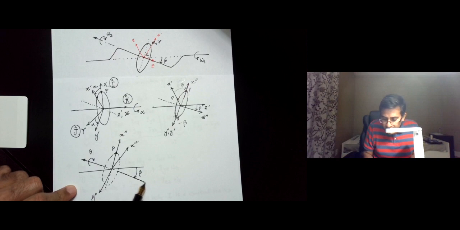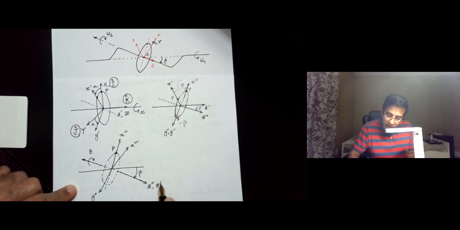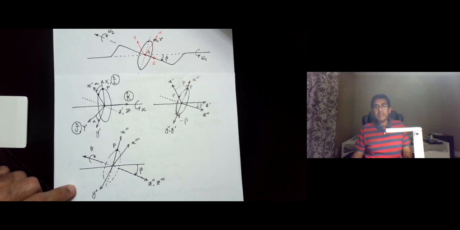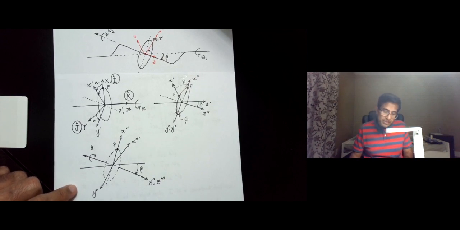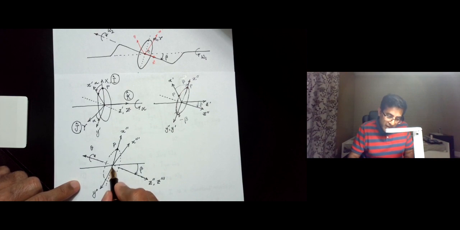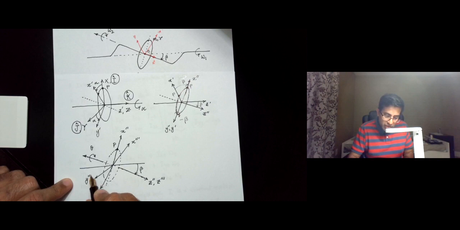This is our z double prime direction, and it remains the same direction after the turn because the turn is about the z-axis, and y now goes over here, so we now have y triple prime.